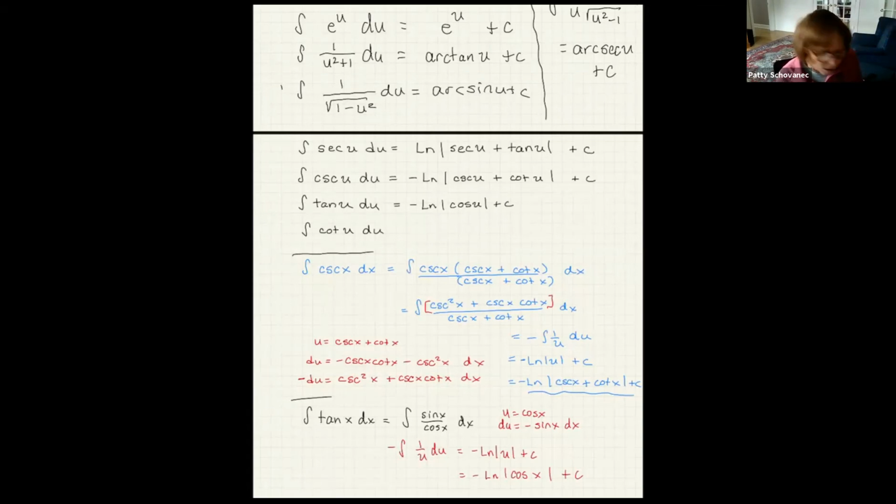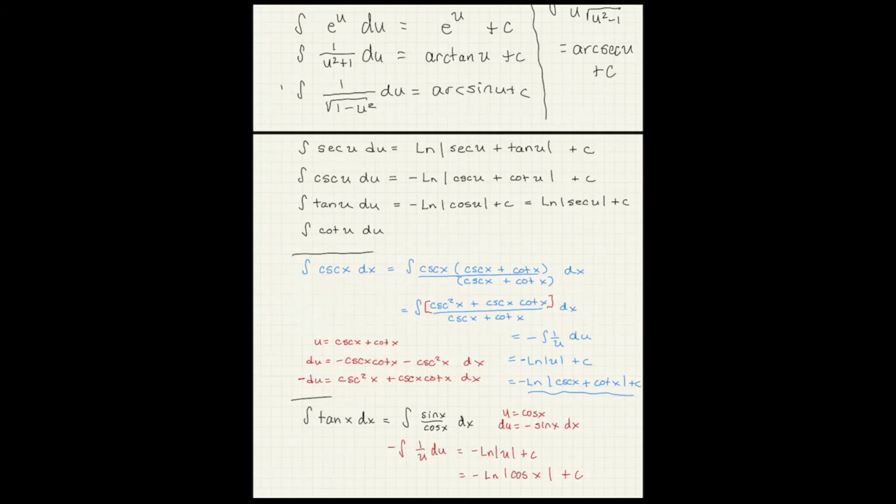There's also an alternate version of that. This minus the natural log of the cosine of u is equivalent to the natural log of the secant of u. Why can I go from minus the natural log of cosine to the natural log of secant? Because cosine to the -1 is equal to secant. That's right.